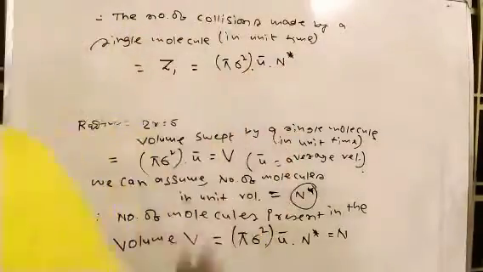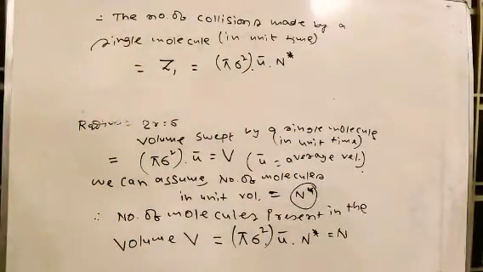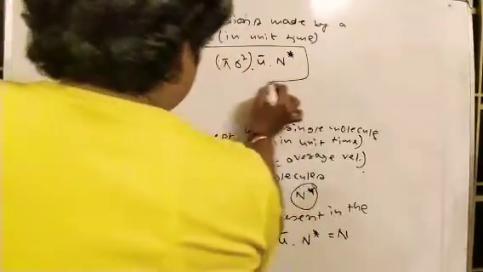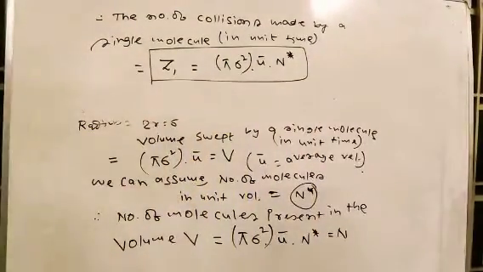N star is the number of molecules in unit volume. So this is equal to the collision number. Please note it down. This is what we call collision number.